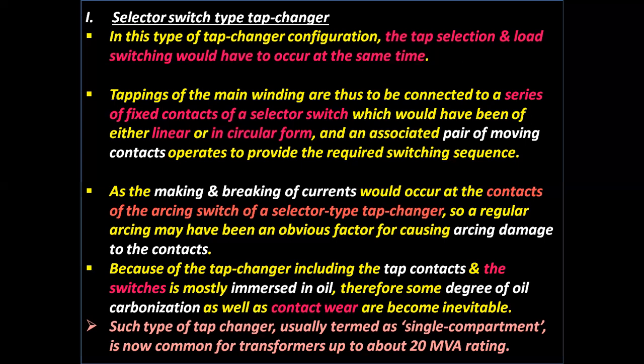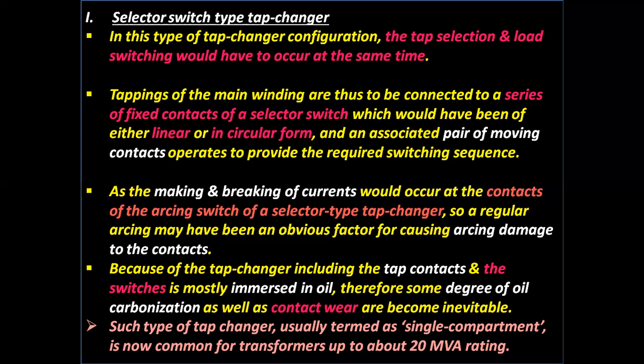As the making and breaking currents occur at the contacts of the arcing switch of a selector type tap changer, regular arcing is an obvious factor causing arcing damage to the contacts. Because the tap changer, including the tap contacts and switches, is mostly immersed in transformer oil, some degree of oil carbonization as well as contact wear is inevitable.